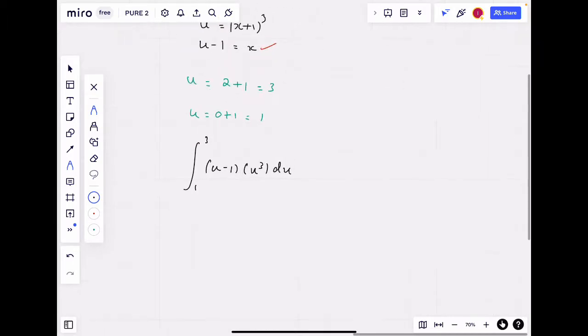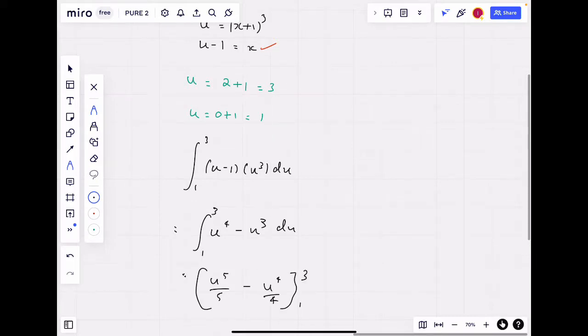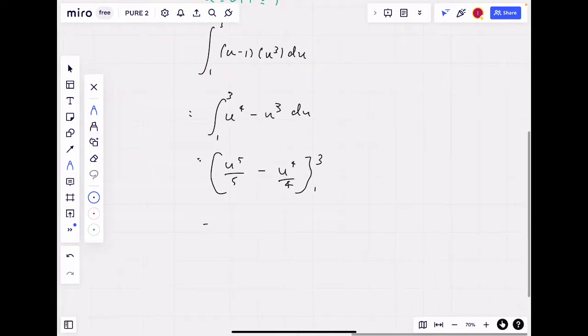From here, you would have u to the power 4 minus u cubed. This is what you are integrating from 3 to 1. So u to the power 5 over 5 minus u to the power 4 over 4, from 3 to 1. And then now you just have to substitute.